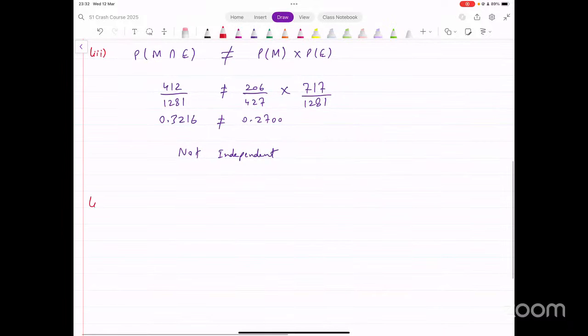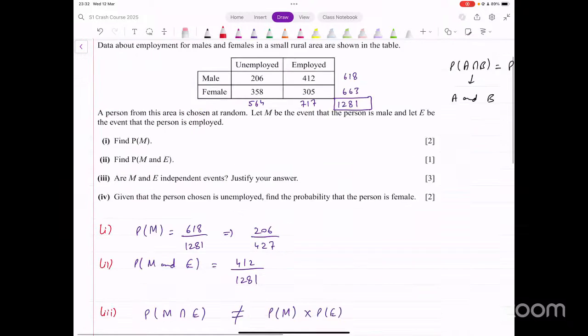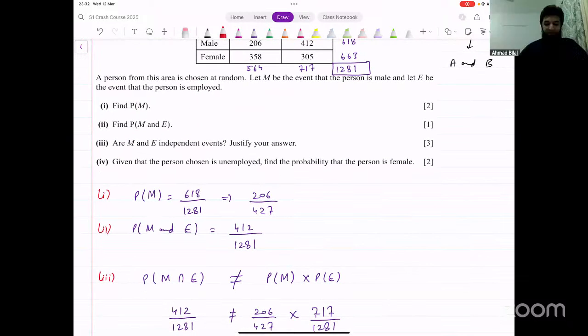Let's move on now to part 4, which says, given that the person chosen is unemployed, find the probability that the person is female. Now, this is conditional probability. Whenever we have a "given," that means it's conditional probability.